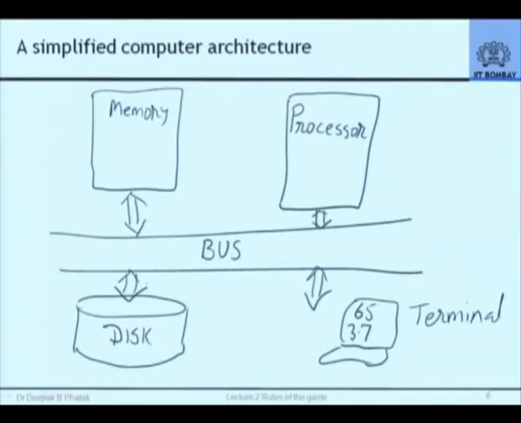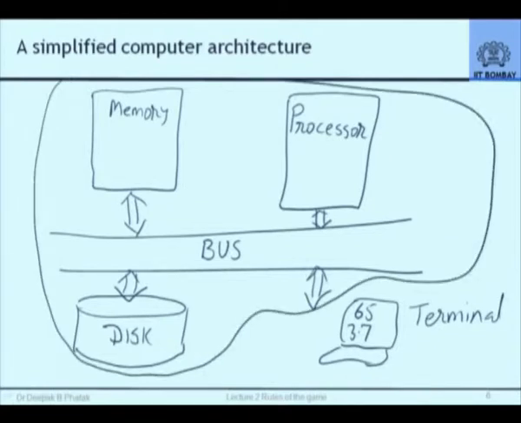There are, of course, a whole lot of details which we will not go into. It is an extremely simplified architecture of the computer. And the point is, you don't see any of this. You only see the terminal. But all of this happens inside.